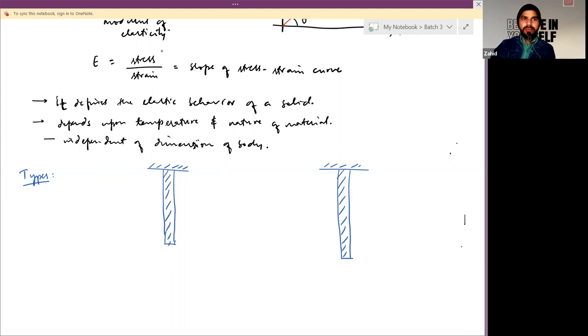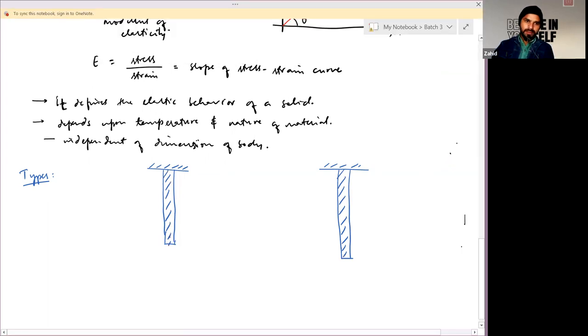If deformation is produced along this direction to extend this solid, it will be termed longitudinal.